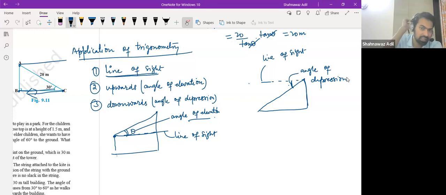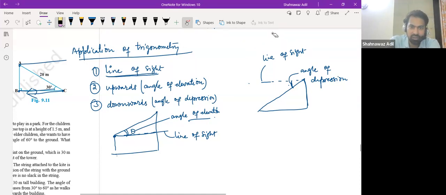Any doubt, guys? Any confusion in these angles? Everyone understood? Yes, sir. So these are the things that we have to be careful about. Only three things we have to remember in this application of trigonometry.